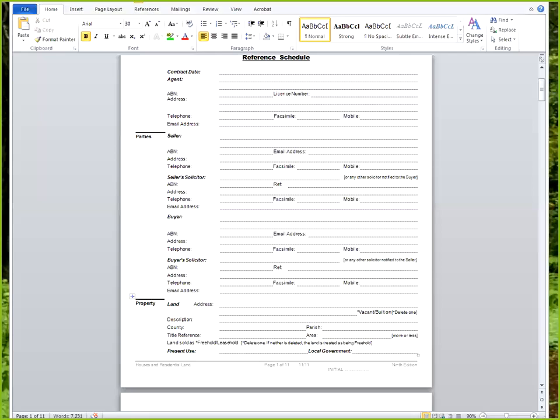So in the old days, instead of going online to do a search, someone would physically need to go into the titles office and ask for the volume to be produced, and then go to the folio, the page, to have a look at the status of that particular title. That was very cumbersome, time-consuming, and sometimes fraught with frustration.